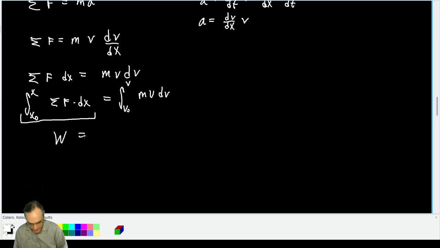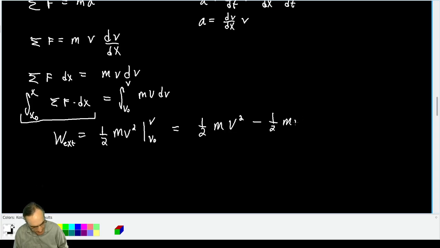So we get the work done by the external forces specifically is equal to, on the other side, we integrate this, we get 1/2 mv squared, evaluated in the limits from v0 to v, which is going to be 1/2 mv final squared minus 1/2 mv initial squared. And as you can see, that last part will just be the change in kinetic energy. So we get work external is equal to the change in kinetic energy of the system.